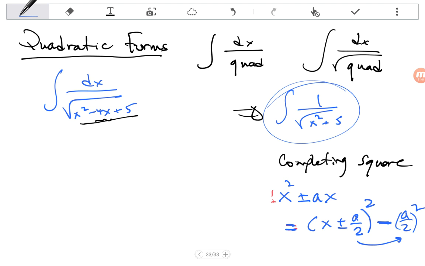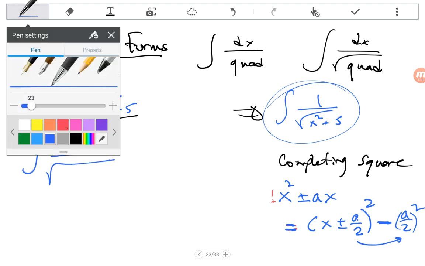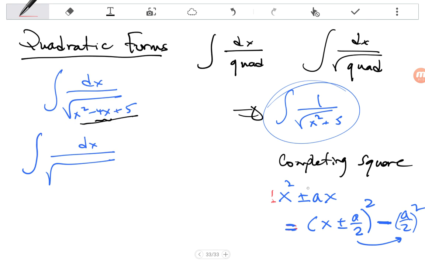Okay, let's apply the rule in this case. This is the integral of dx over root. Now, where should I apply the completing square rule for this expression? Down inside, yes, inside the root. So that will be x, with the same sign, half of the coefficient, which is 2, all squared, minus the squaring of this number, which is 4. Then I write the remaining number as it is.